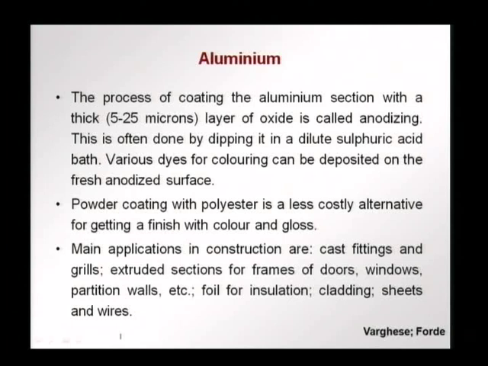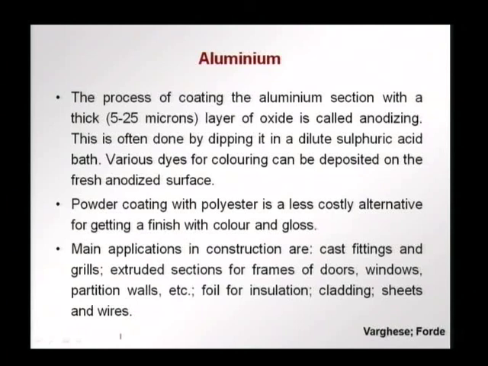Aluminum in usage is generally coated in one of two manners. One process of coating called anodizing is where a layer of oxide is induced on the surface of the aluminum section.